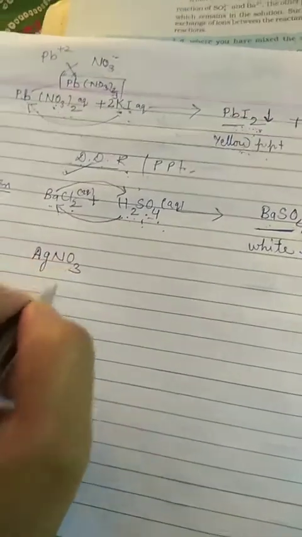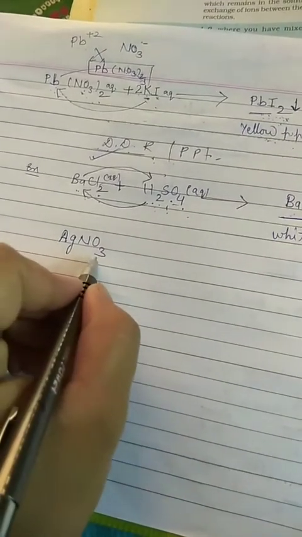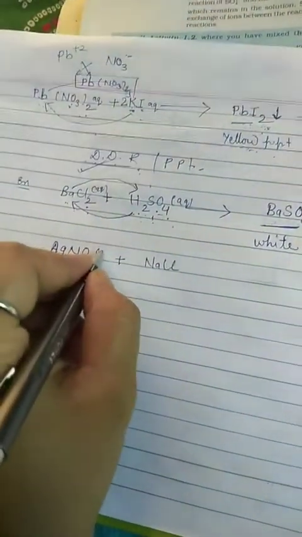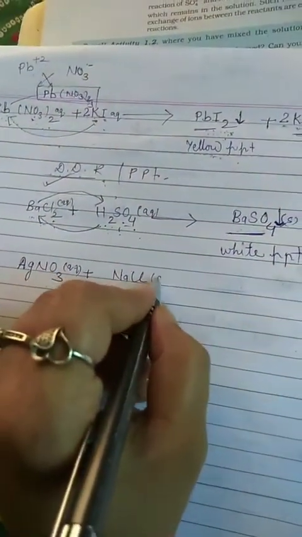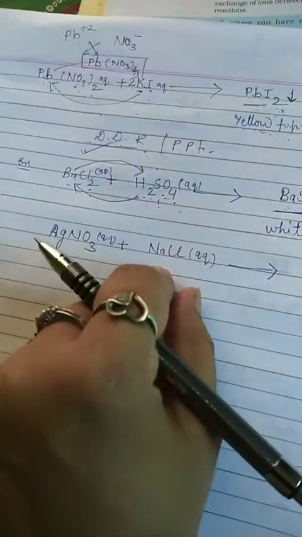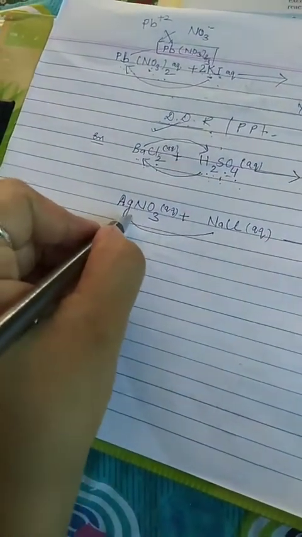One more: silver nitrate, AgNO3. Silver, Ag+, and nitrate, NO3-, form AgNO3, silver nitrate. When the solution of silver nitrate reacts with the solution of sodium chloride, what happens? AgNO3 is aqueous and sodium chloride is aqueous. According to the reactivity series, sodium is more reactive than silver.